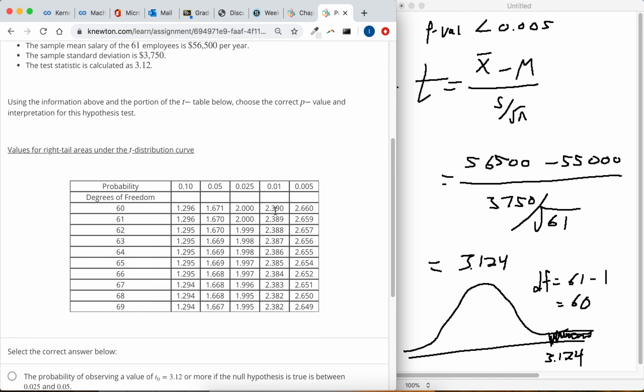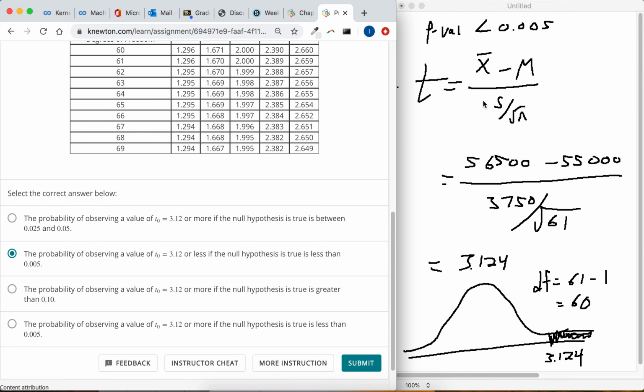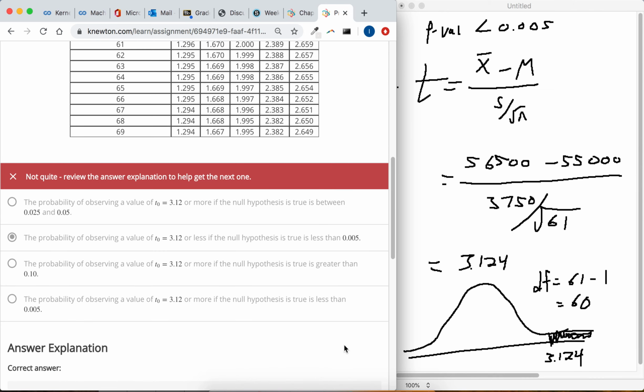If you got like t equals 2.5, somewhere between this one and this one, then you'd say your p-value is between 0.005 and 0.01. Our p-value is even off the charts, so it's got to be even less than this number up here. That's the one that says less than 0.005. Uh-oh, what did I do wrong?